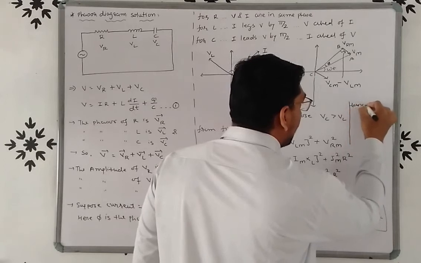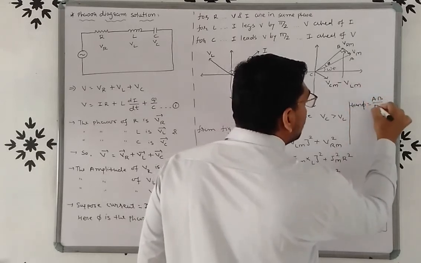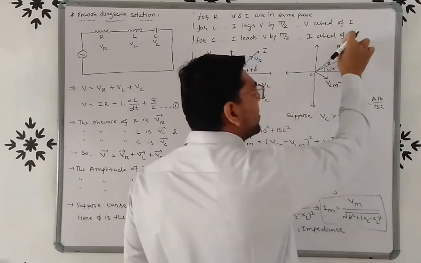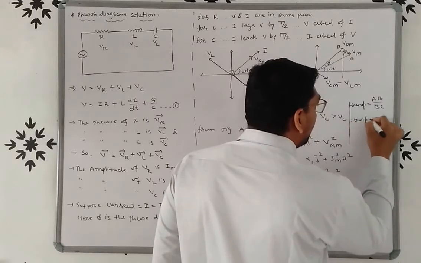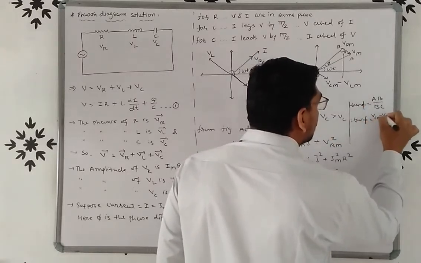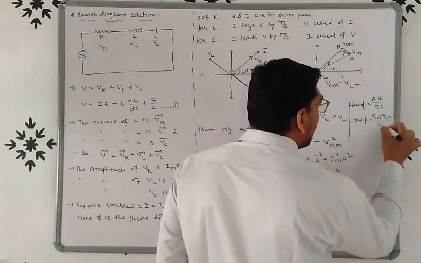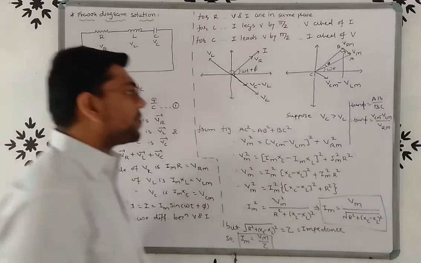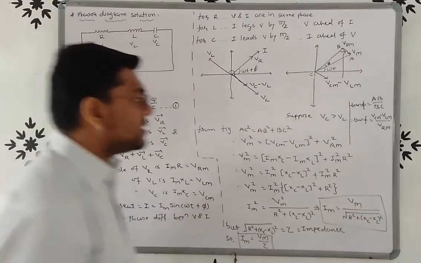This tan phi is equal to AB upon BC. So tan phi = AB upon BC, that is equal to (VCM minus VLM) upon BC, that is equal to VRM. But VCM is equal to Im into XC.